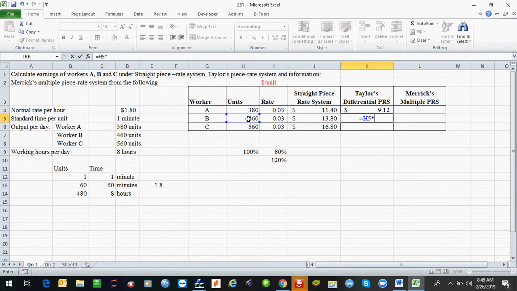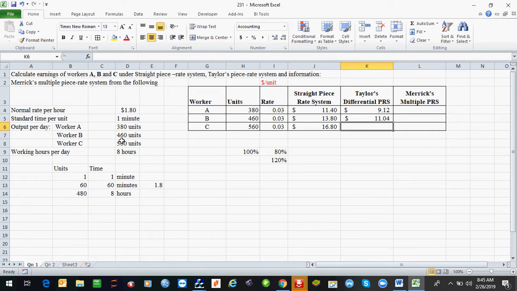So it's 460 units times the rate 3 cents times 80%, that's $11.04.